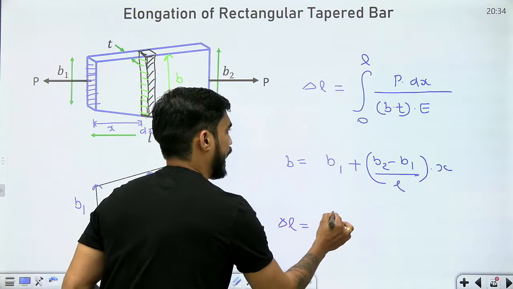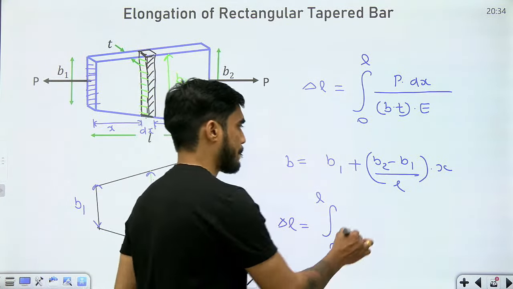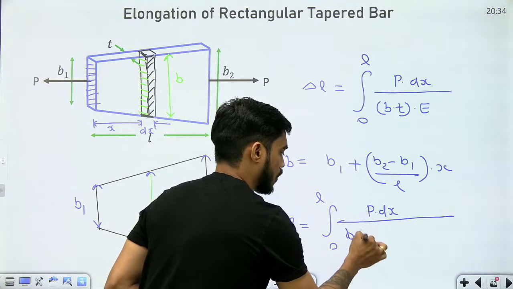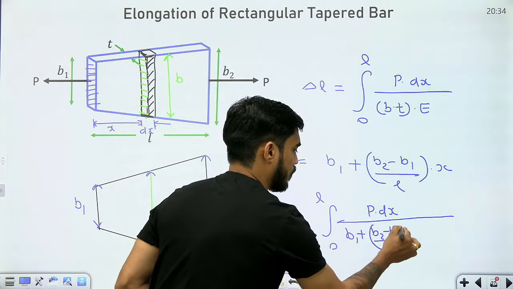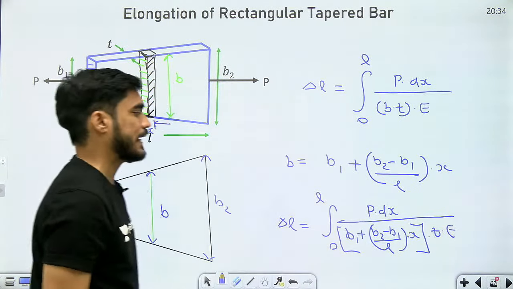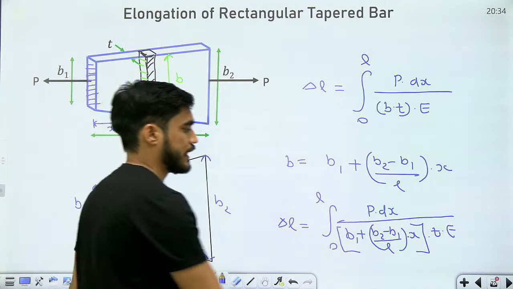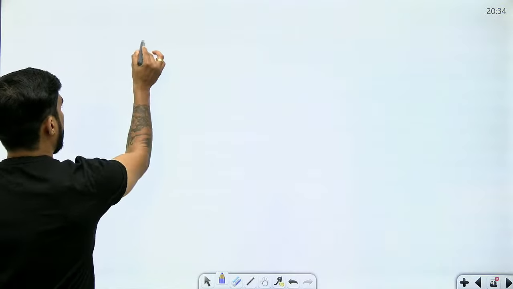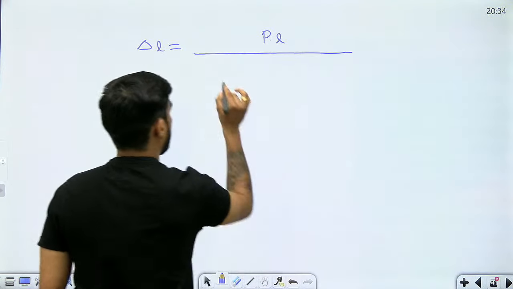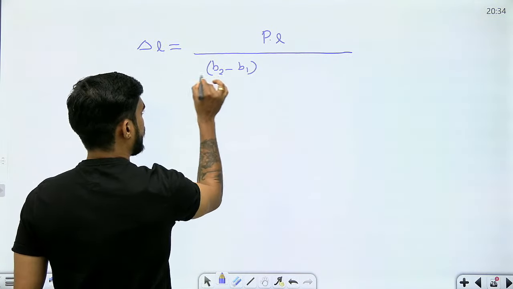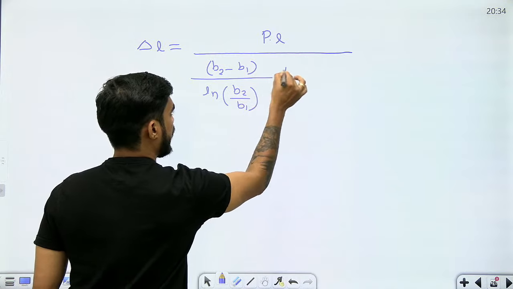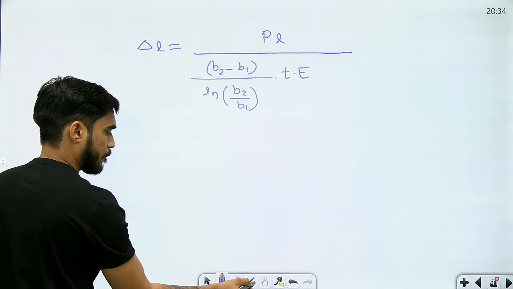So beta, here delta L will be equal to the integral from 0 to L of P dx divided by [b1 plus (b2 minus b1) by L into x] multiplied by t multiplied by E. And if I integrate this equation, I am going to get delta L equal to PL divided by (b2 minus b1) divided by natural log of (b2 by b1) into t into E.